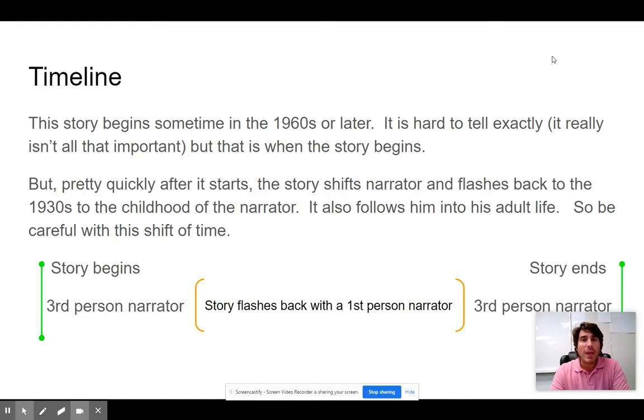So, the basic setting: it probably begins sometime in the 60s, maybe later in the 70s. It's hard to tell exactly because there are not a lot of really clear dates given, but it's not all that important. It probably begins around the 60s, okay?